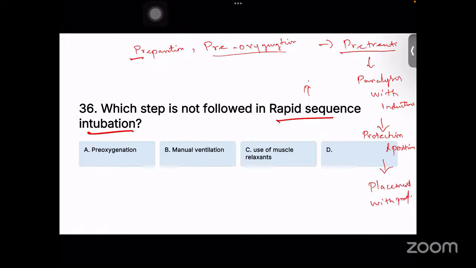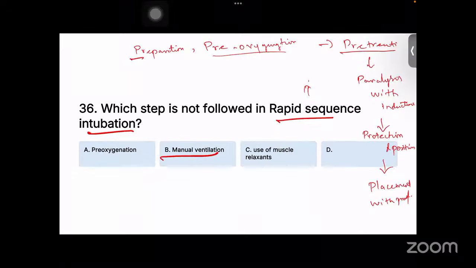So here, manual ventilation is not performed. So option B is the exception. The exception here is manual ventilation. That is a key feature distinguishing RSI from standard intubation, because after administering the medications, we go directly for intubation without BMV.